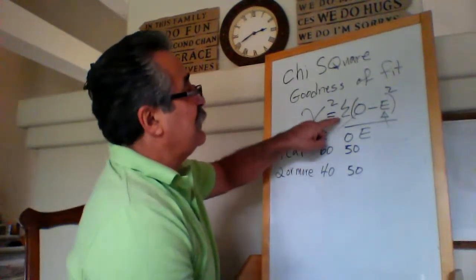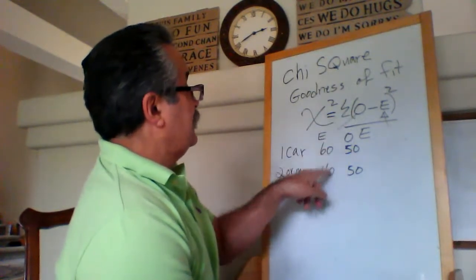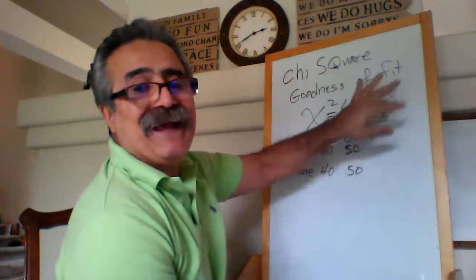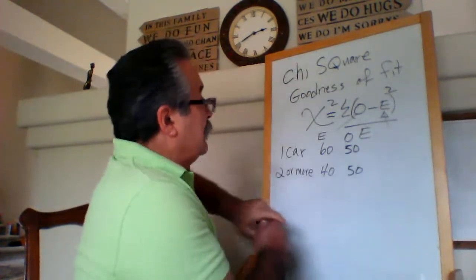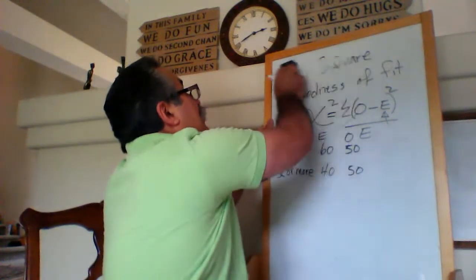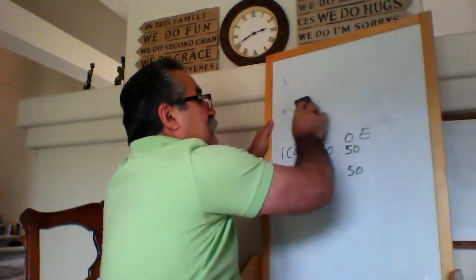You see that this sigma means every single one of these are going to be subtracted from one another and squared and then added to one another. Okay? So I'm going to go ahead and do this over here. Here's the formula.